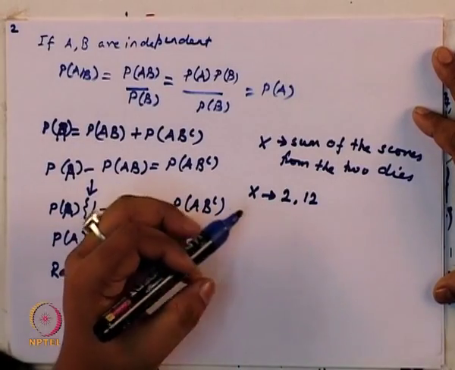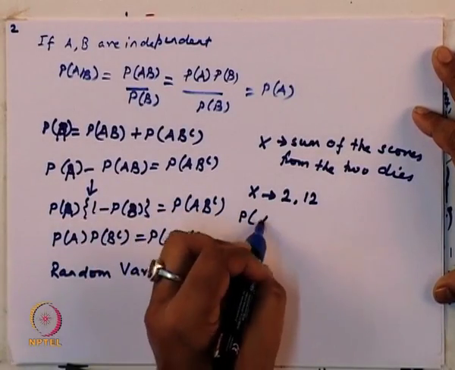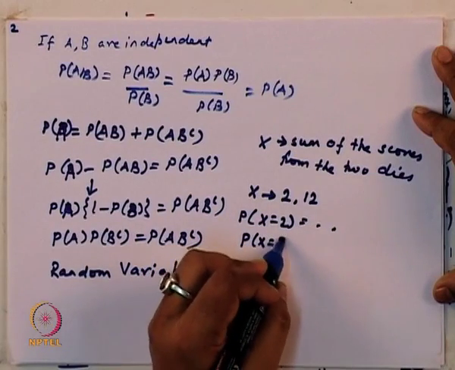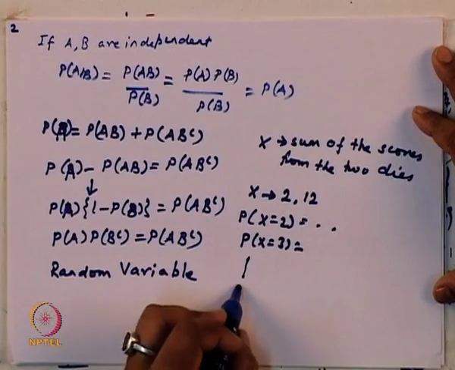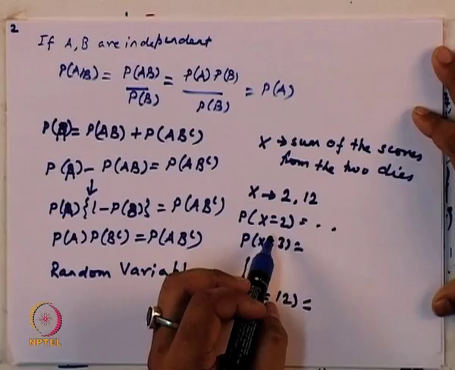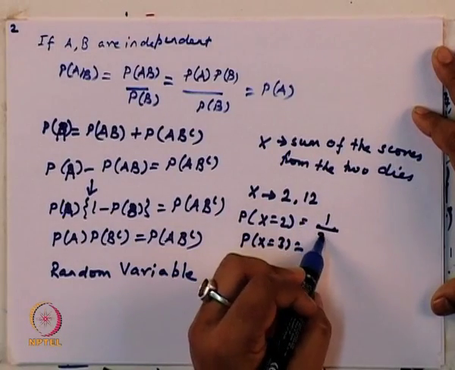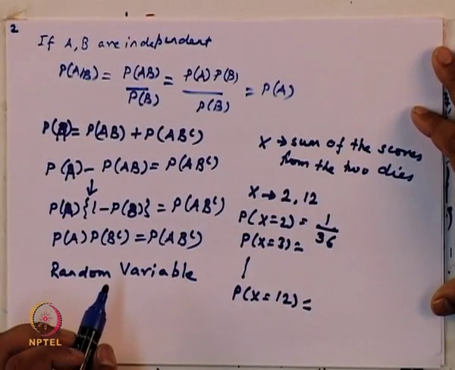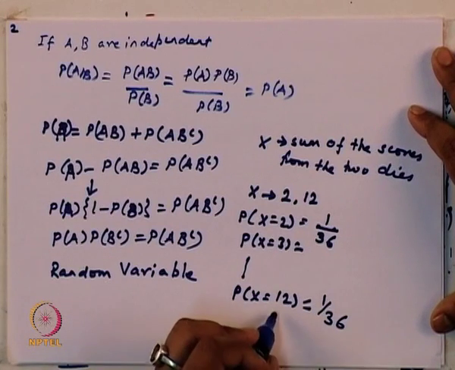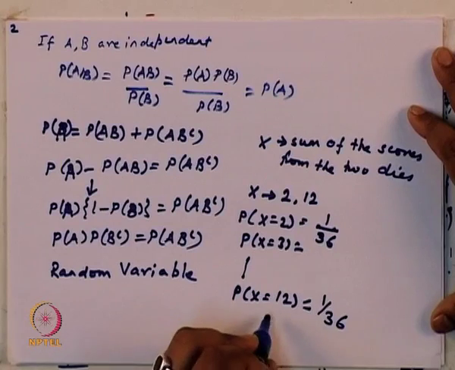And we had computed each of the probabilities, x equal to 2 onwards, x equal to 3, so on and so forth, up to 12. So, for example, probability of x equal to 2 is nothing but 1 by 36, okay, and probability x equal to 12 is also 1 by 36, because 6 and 6 is the only outcome which corresponds to x equal to 12.